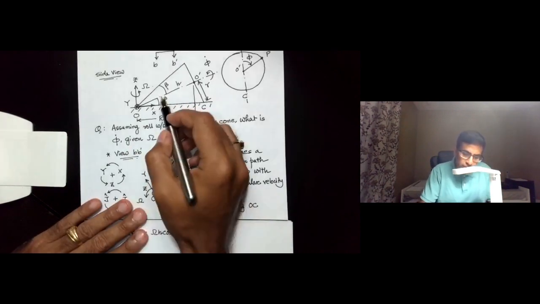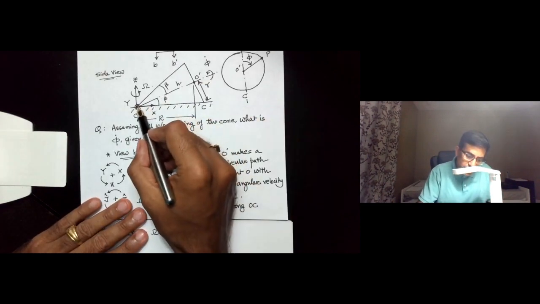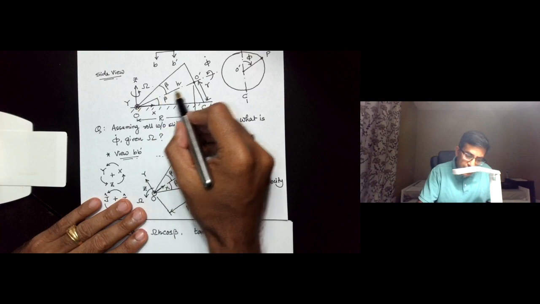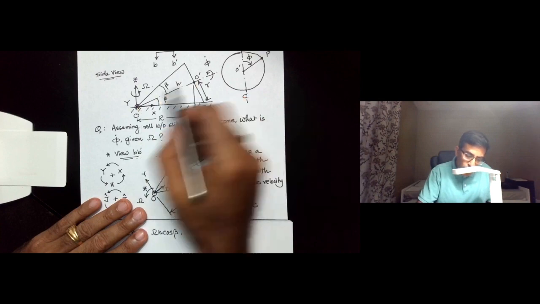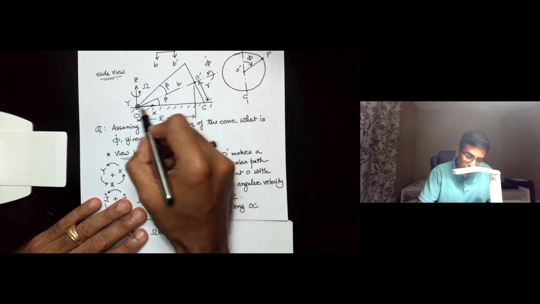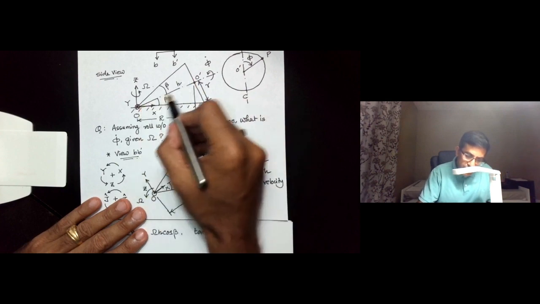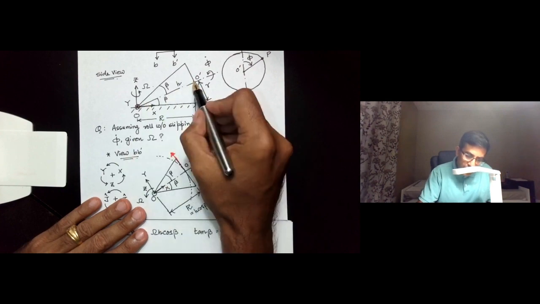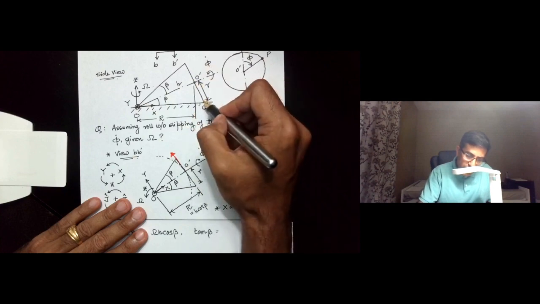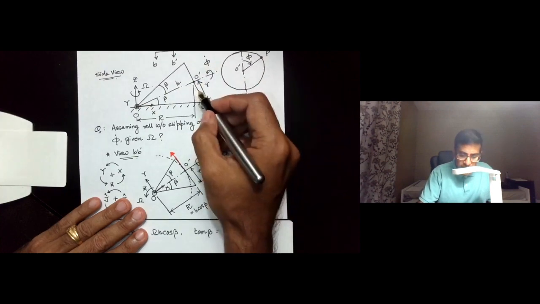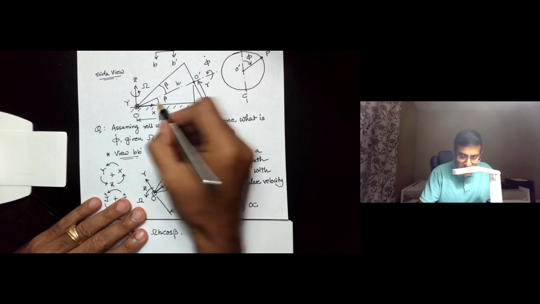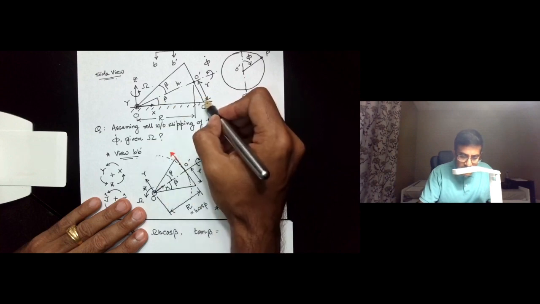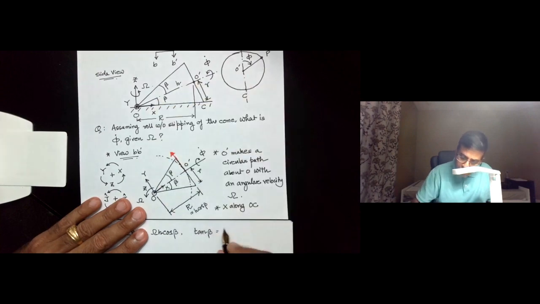If you go back to the side view here, you will see that the cone forms this right angle triangle with the ground, and if the height of the cone is h and the radius of the base circle is r, then tangent beta is r divided by h.